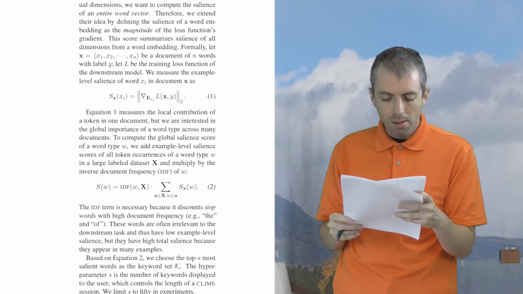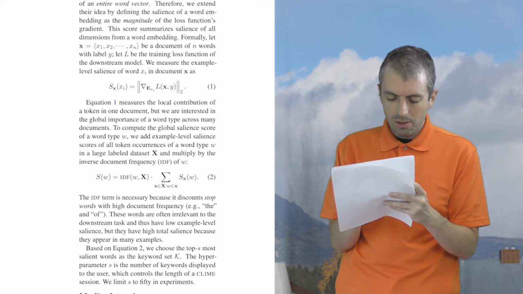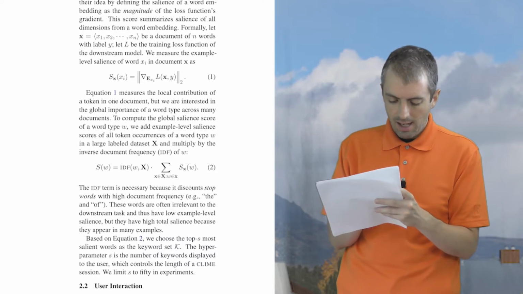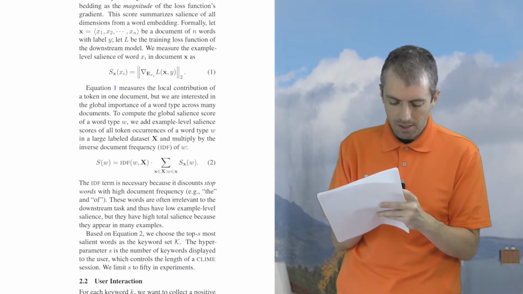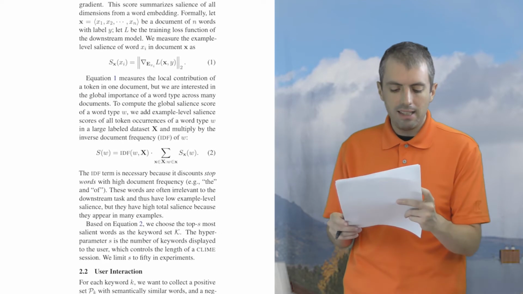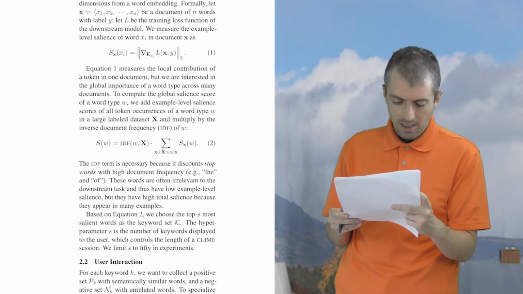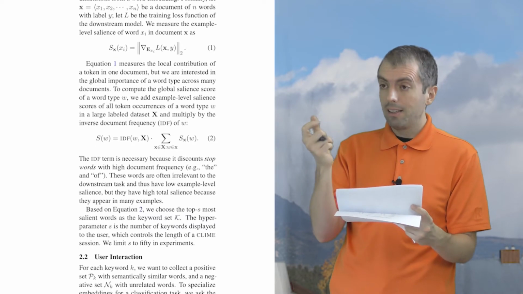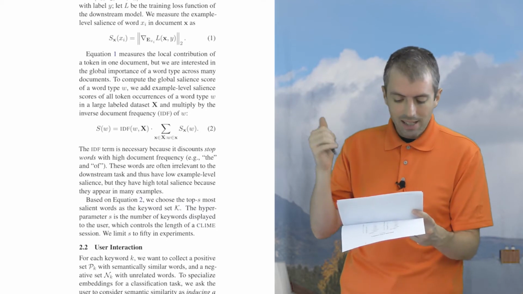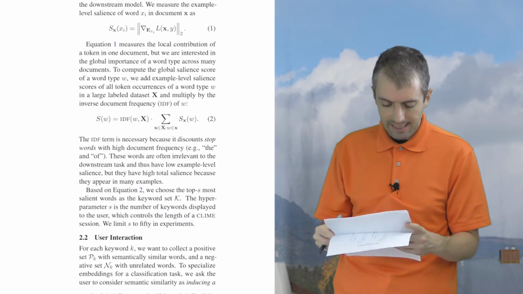To compute the global salience of a word type W, we add local salience scores of all occurrences of type W in a large labeled dataset X and multiply by the inverse document frequency, IDF, of W. So the salience for an individual word type is attenuated by the IDF times the sum of all of the individual example saliences.